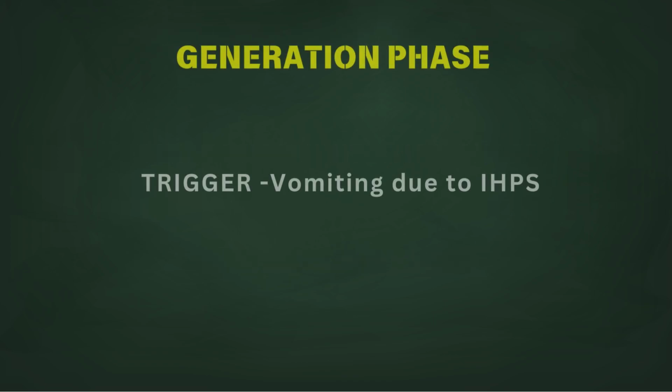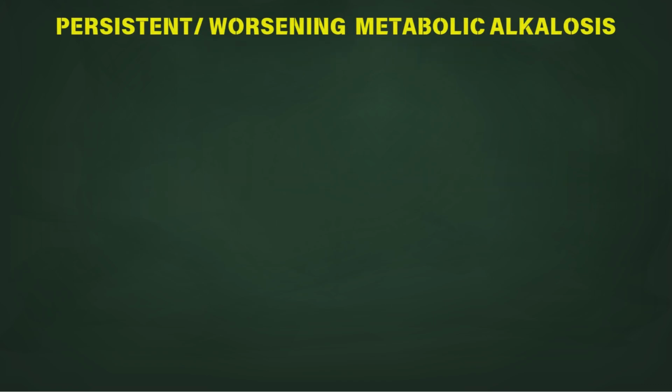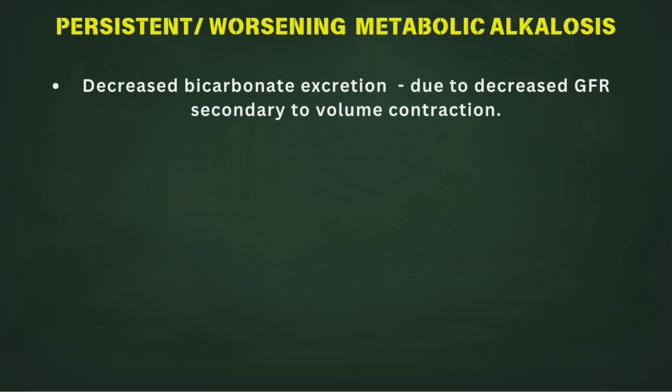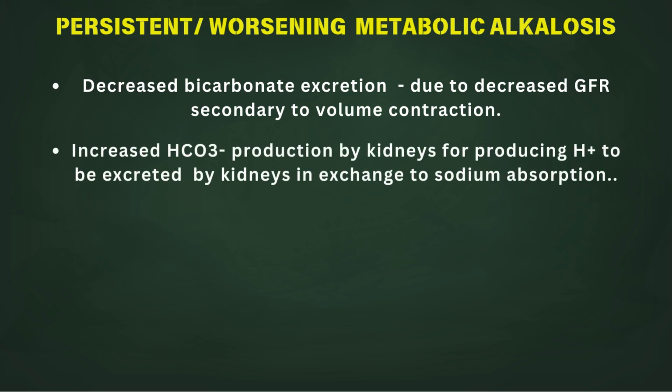In case of IHPS, the initiating trigger is the vomiting that leads to adding of an extra bicarbonate load into the blood. This metabolic alkalosis, which is generated, is maintained by multiple factors, which are as follows. Number 1, there is decreased bicarbonate excretion because of the decreased GFR. Number 2, there is increased bicarbonate production by the kidneys to produce more H plus, which needs to be excreted in exchange for sodium.